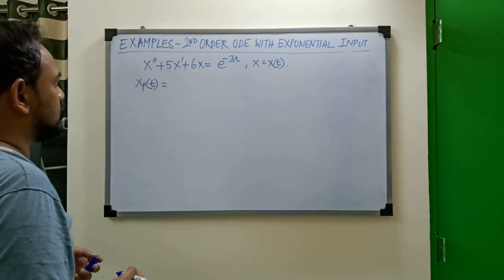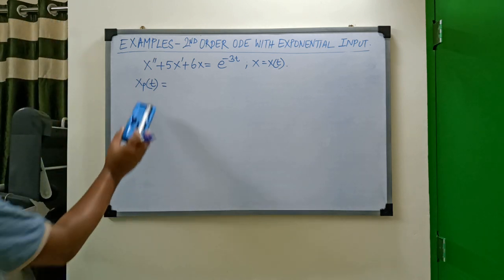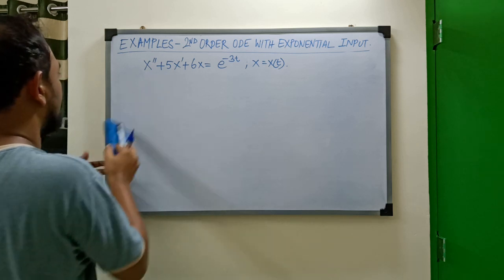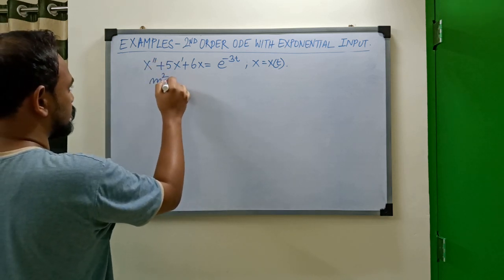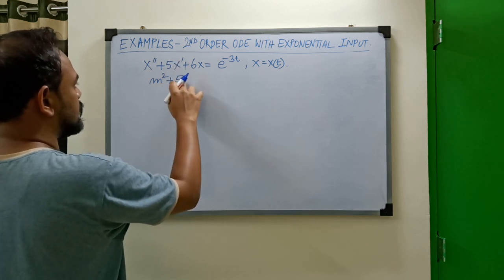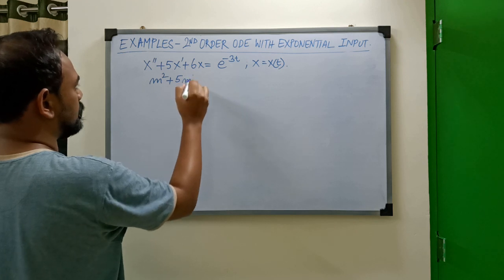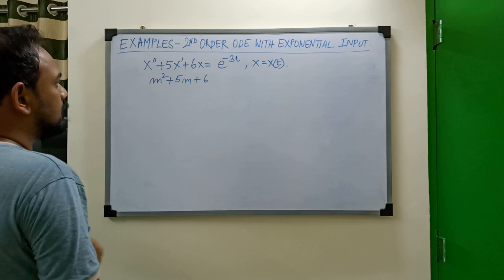And the auxiliary equation was, just replacing x by m, the variable, with double differentiation as m squared, differentiation one time as just m to the power 1, and just 6 here for no differentiation at all.